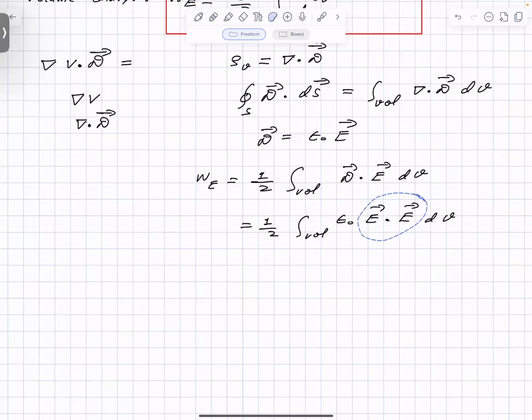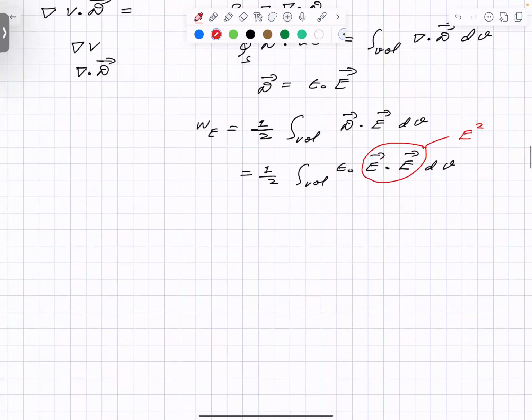E dot E can be written as the magnitude of the electric field intensity squared. So a simplified formula for WE that we'll often use is half epsilon naught, bringing out that epsilon naught, times the volume integral of E squared dV.